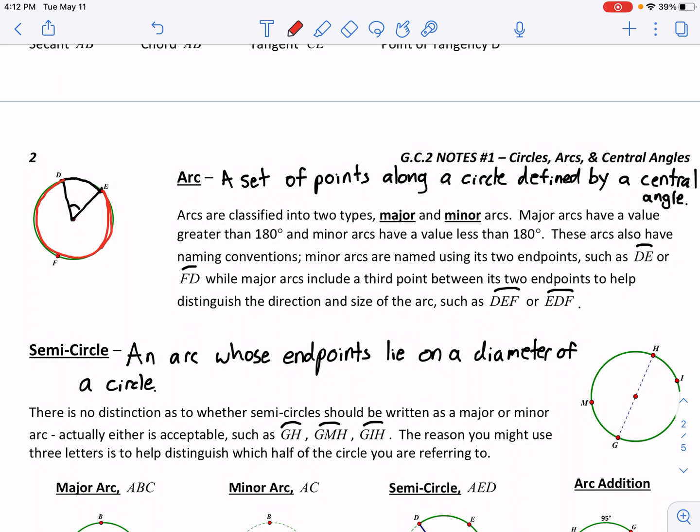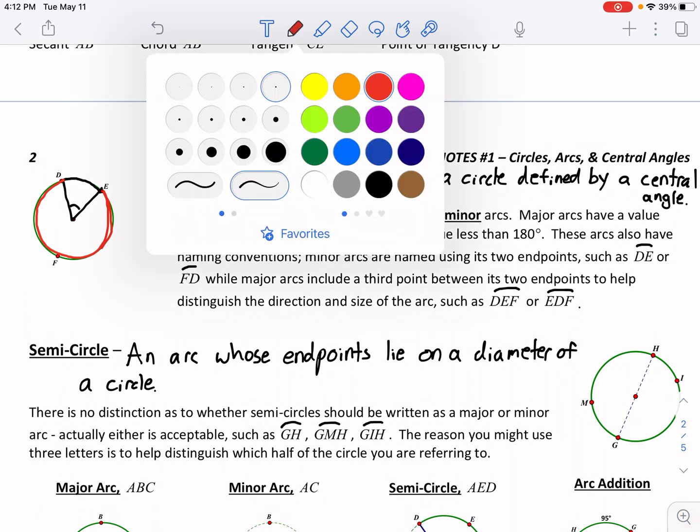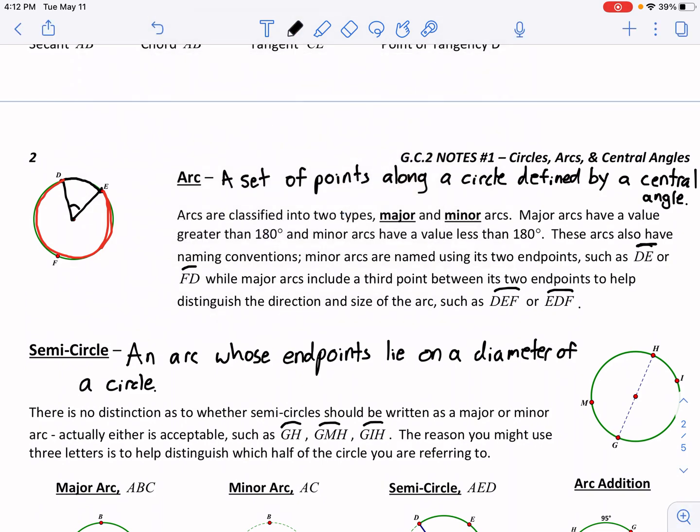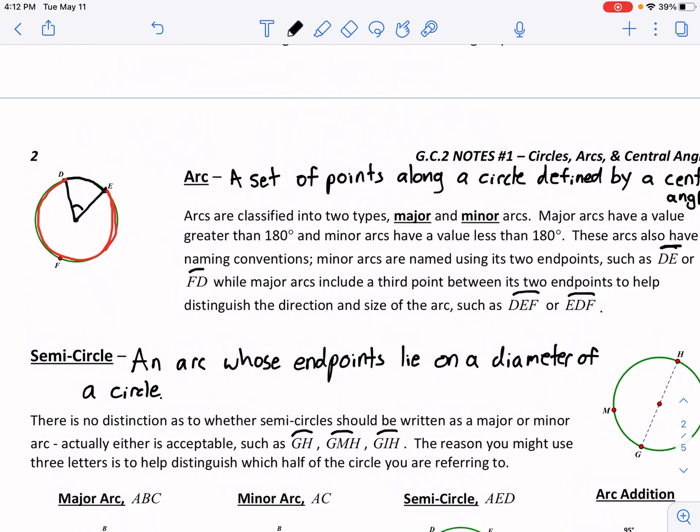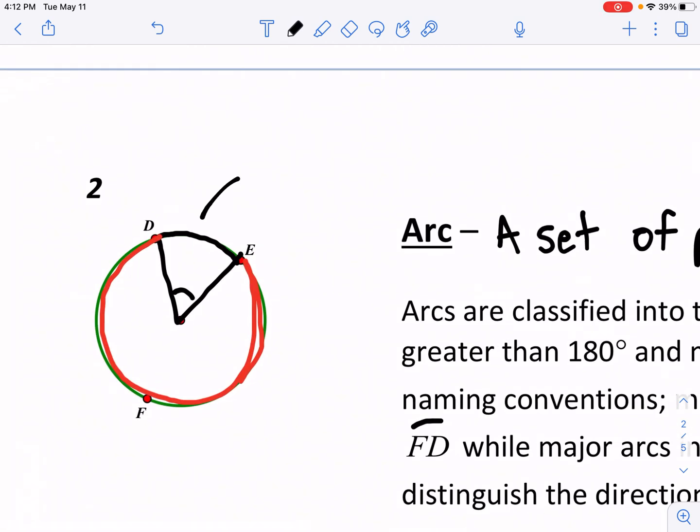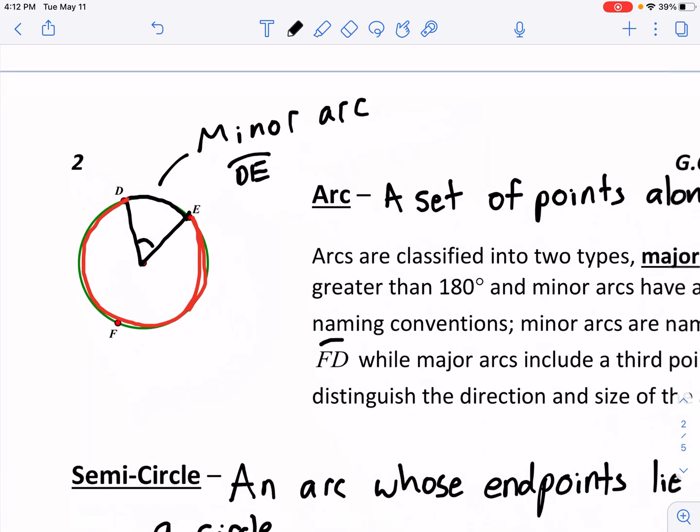Okay, now I also put these little arc symbols above. I believe they're actually supposed to have those, so you can add that to it. I'm talking about like this guy right here, so there's arc symbols. But for instance, this arc that we were talking about here, this would be a minor arc. Okay, and we could call this arc DE. Okay, so for a minor arc, you only need 2 points, and then we can put that little arc sign above it to know that we're talking about an arc.